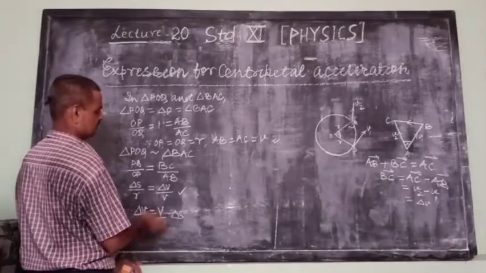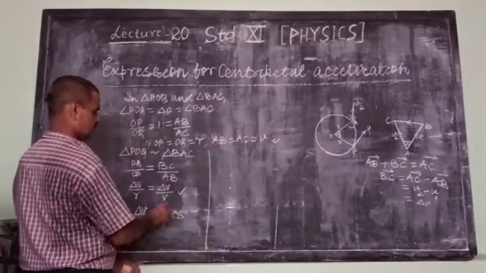By cross multiplication, both will be the same. So this is the equation.